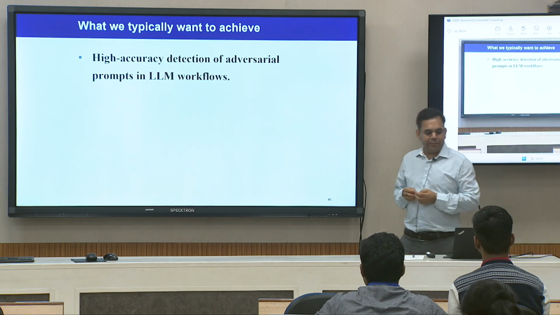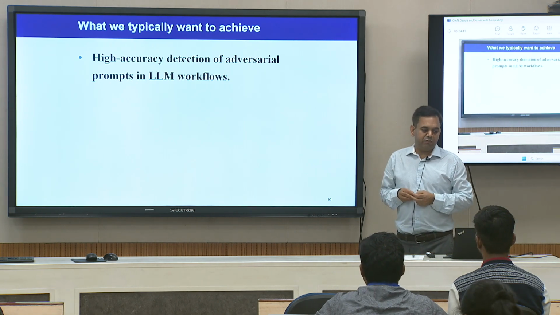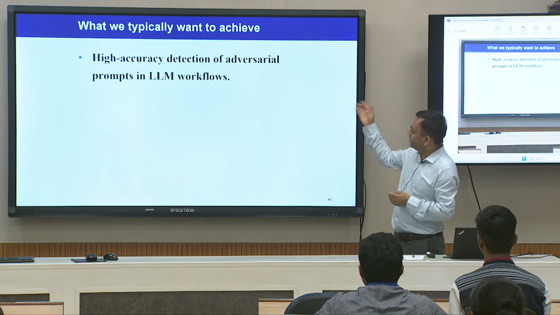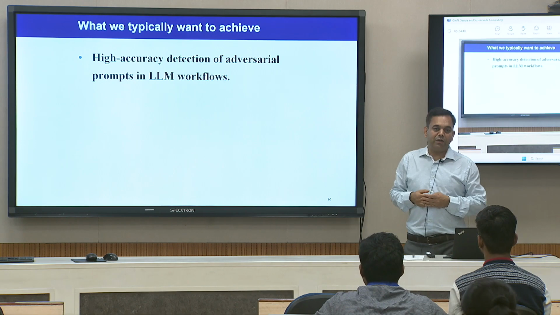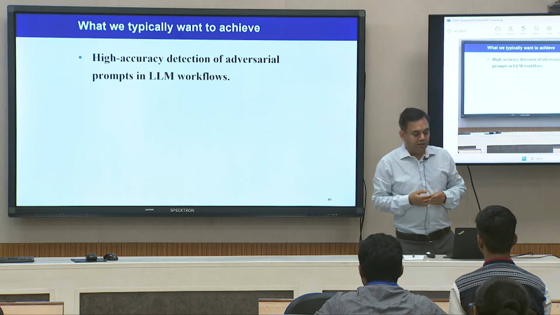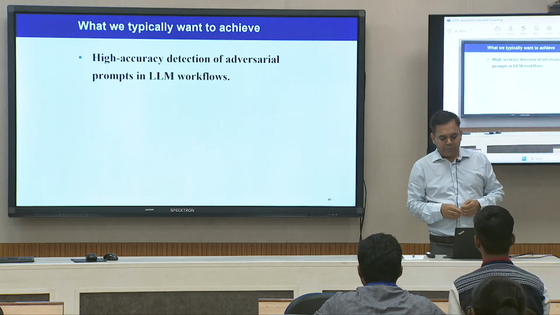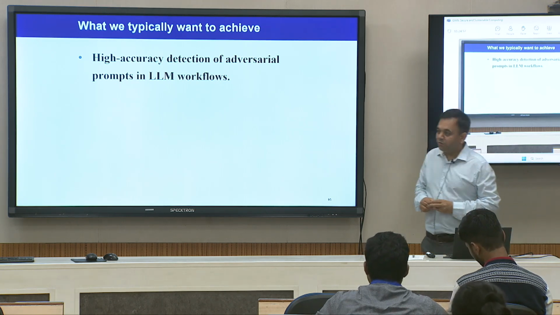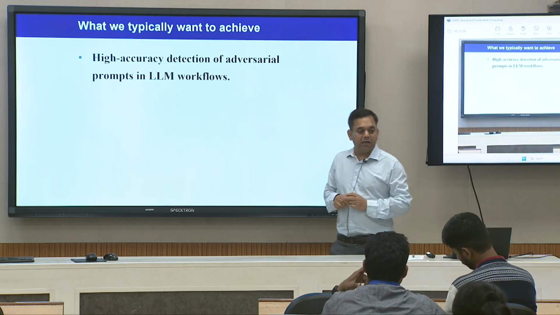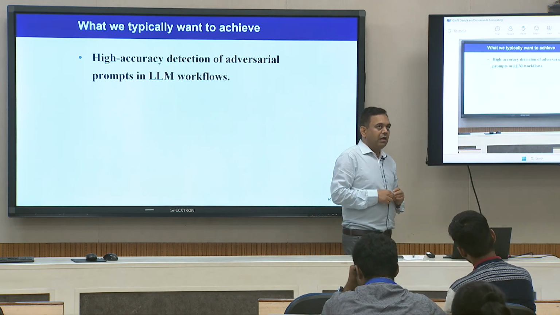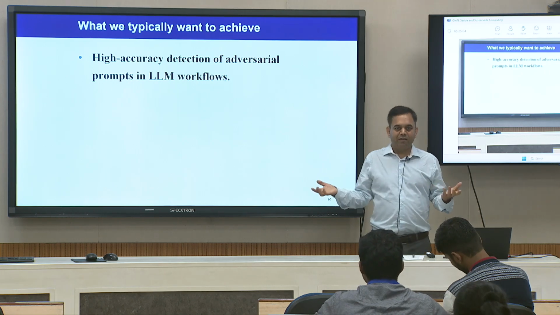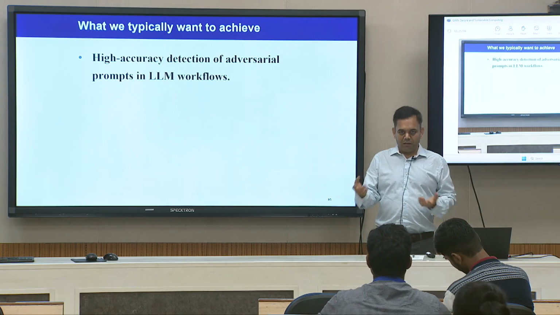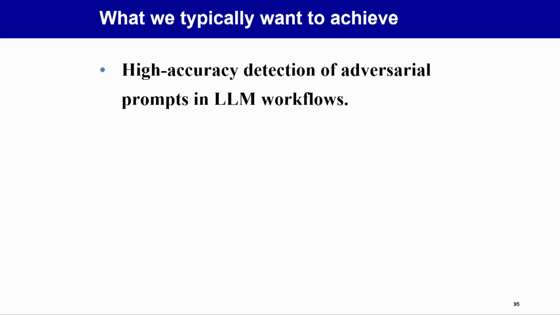So what we typically want to achieve is high accuracy detection of adversarial prompts in large language model workflows. We want a detection approach that is very, very accurate, and you have to be careful developing it, because if you are overprotective, anything you ask the large language model, it may say, sorry, I cannot give you the answer.